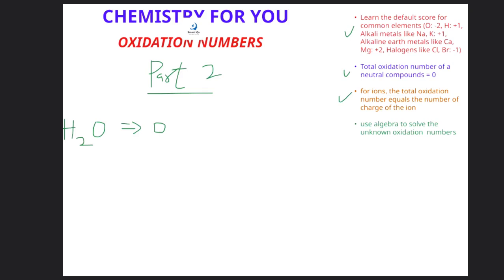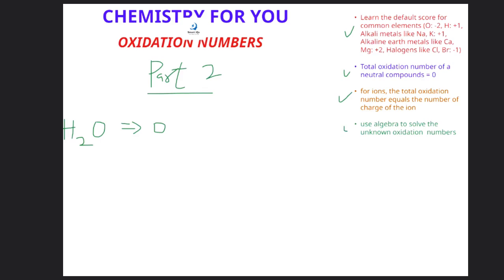So if you have Na+, the oxidation number of that is going to be +1. Remember we have monoatomic ions and we also have polyatomic ions, so we'll verify that. And finally, you must use algebra whenever you're solving for an unknown oxidation number.